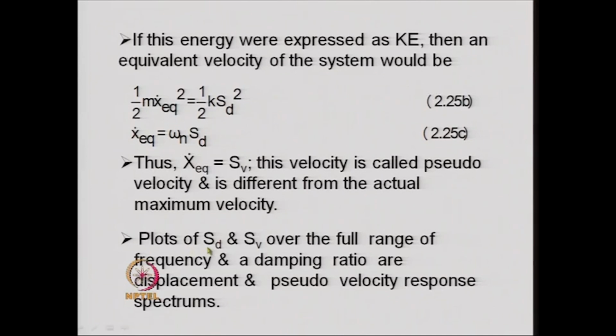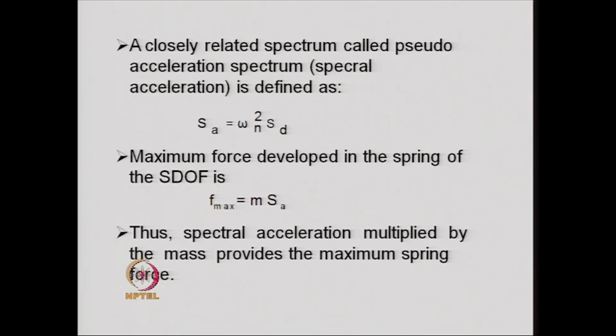The plots of the Sd, that is the maximum displacement, and the Sv, that is the pseudo velocity, over the full range of frequency and a damping ratio are called the displacement and pseudo velocity response spectrum. A closely related spectrum called pseudo acceleration spectrum, also called spectral acceleration, is defined as SA equal to omega n square Sd.